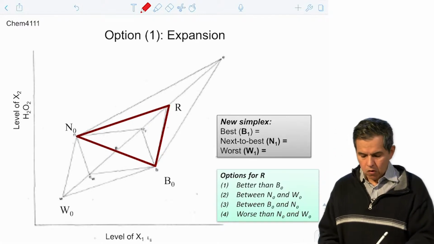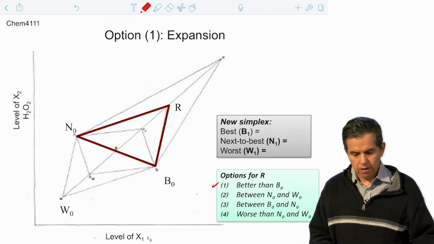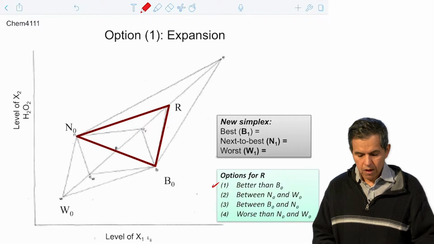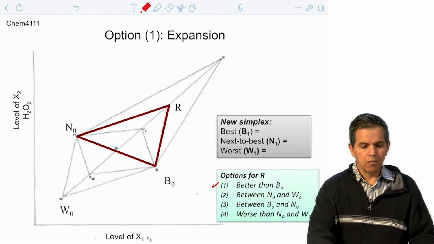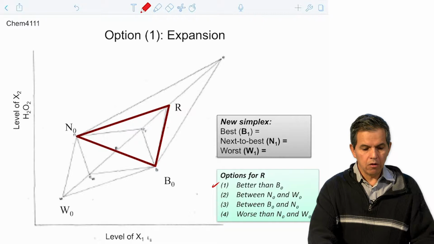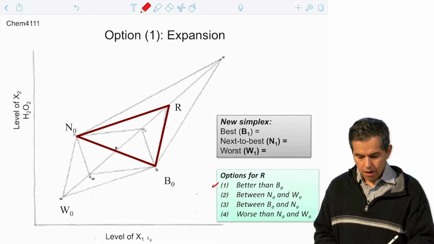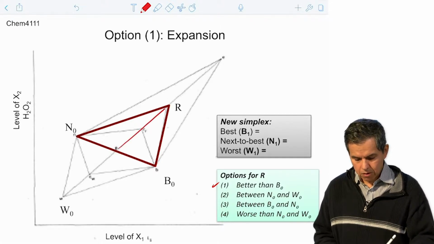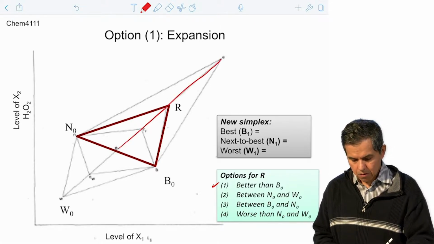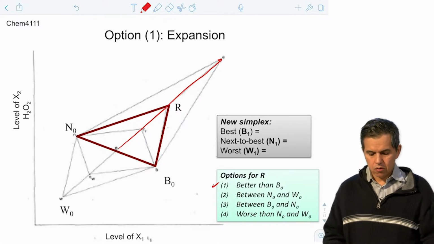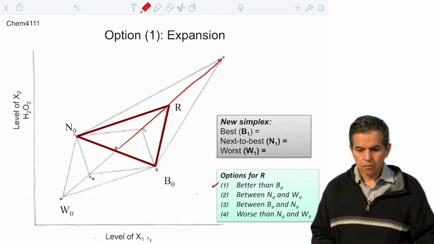So let's focus on when it's better than the best initial measurement. That really means that we would like to move away from that, move in the direction of the best. So what we will do then is take the measurement of R, and now we're going to go even farther away from the worst until we get to this new point here.